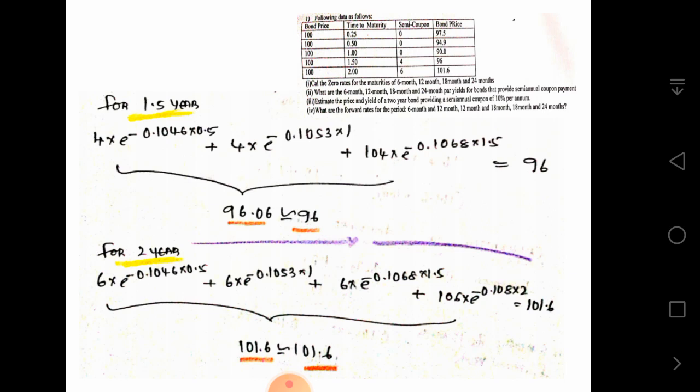If we simplify, the value comes to 96.06, which is almost equal to 96. Hence, again the par yield is the same as the current market price.